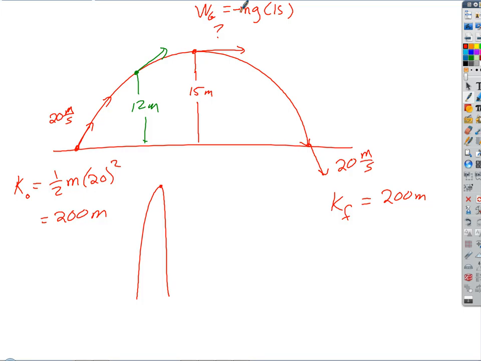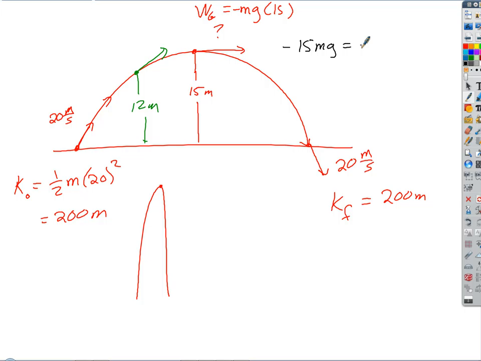Okay, so that's got to equal the change in kinetic energy, doesn't it? We know that the work done by all forces equals the change in kinetic energy, right? So in other words, negative 15 mg equals delta k, right? Well, that delta k is just the kinetic energy here minus the kinetic energy that we started with, right?